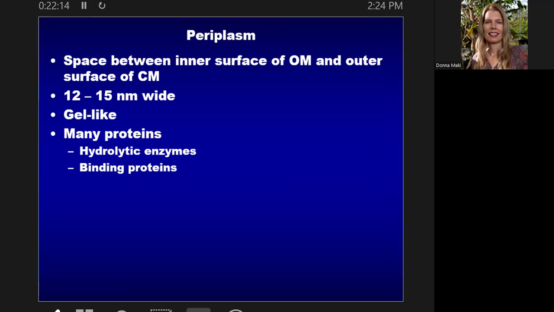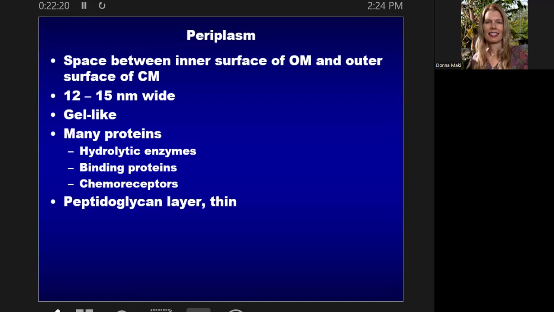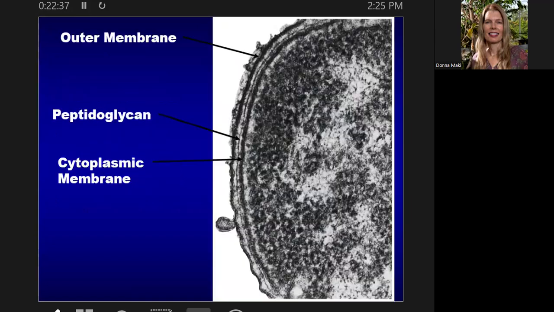There's a lot going on in the periplasm, and don't forget the peptidoglycan is also there too. That's why it's so gel-like. It's kind of the last stop before the cell membrane, so it's an important area for the gram-negative.